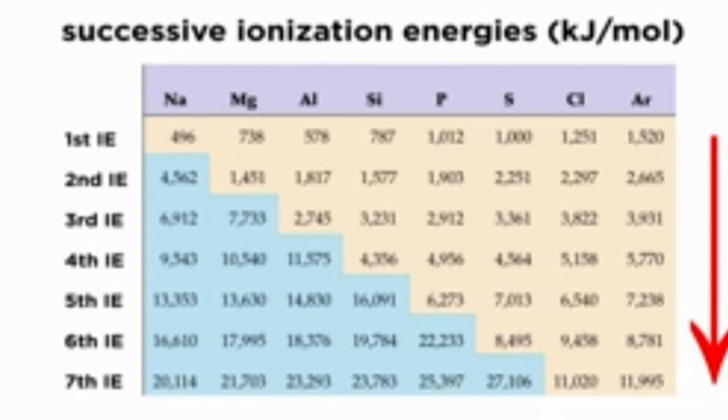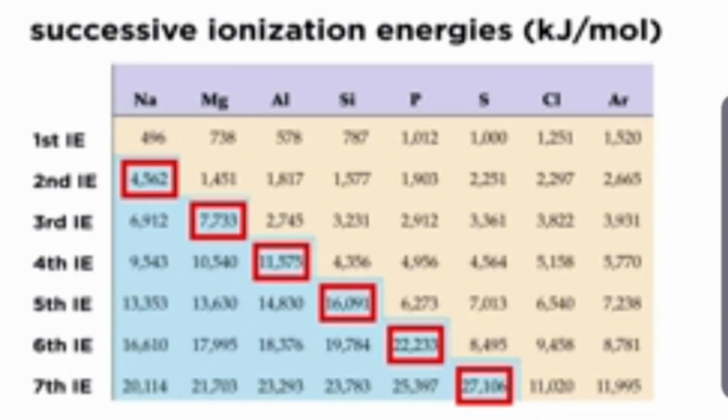Elements will have a huge jump in ionization energy after you take the last one in a shell. Then you jump to the noble gas electron configuration from the previous shell, which is filled, so it really won't want to give up any more electrons.